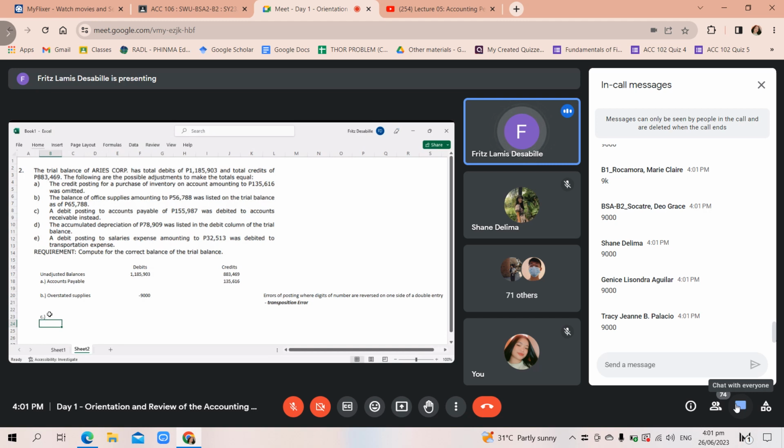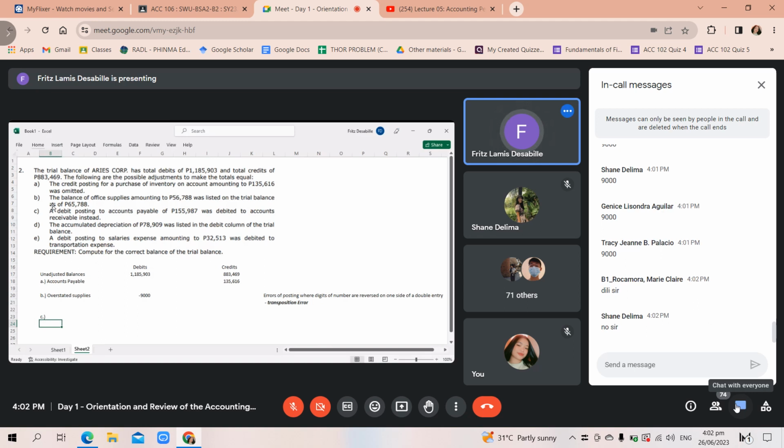Letter C. Again, tawag ana transposition error. A debit posting to accounts payable of 155 was debited to accounts receivable instead. Okay. So unsay effect ane sa letter C? First of all, ang letter C ma-detect ba sa trial balance? Bisa tong dili, correct.